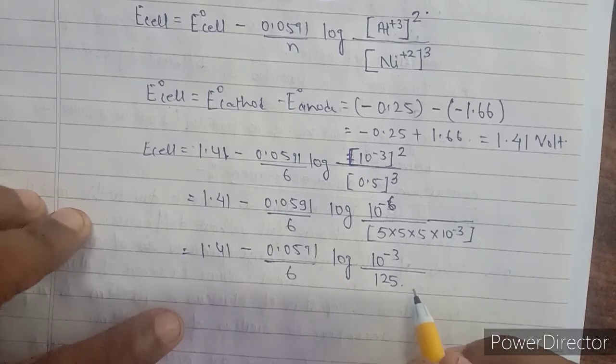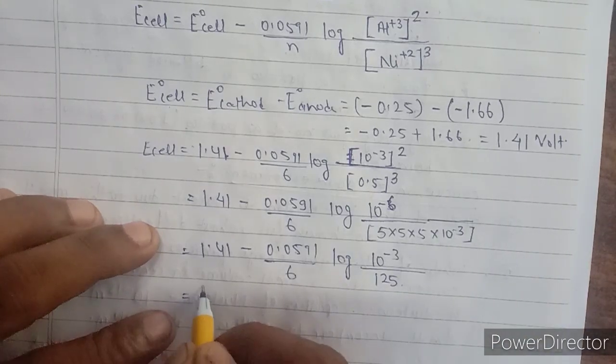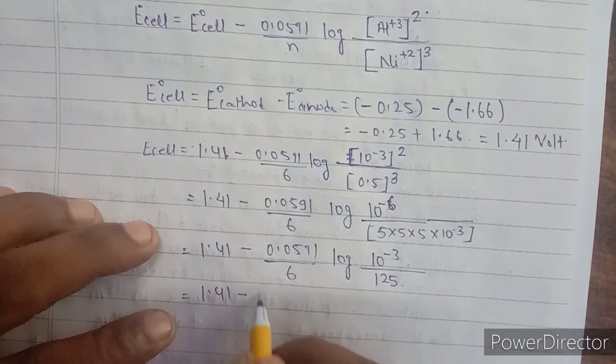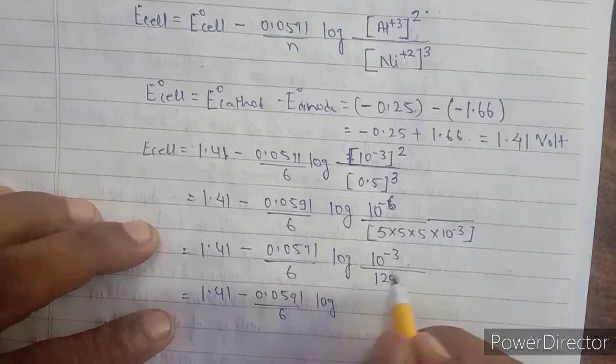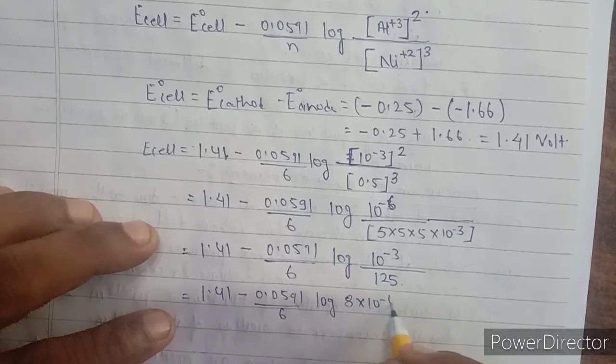Now calculate it. When you solve the ratio, you find log 8 into 10 to the power minus 6.